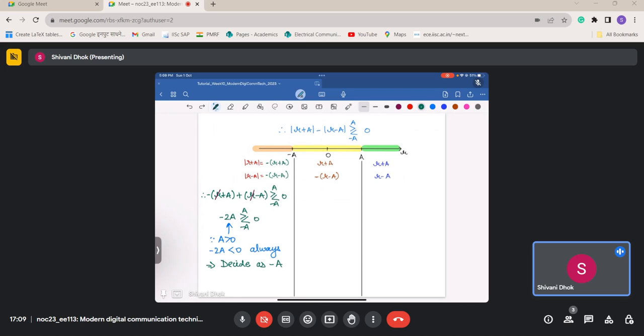When to decide as minus a? When r is less than minus a. So this is what we have.